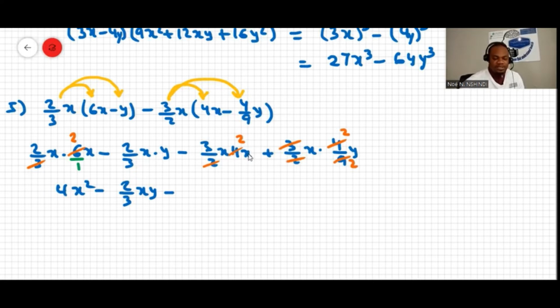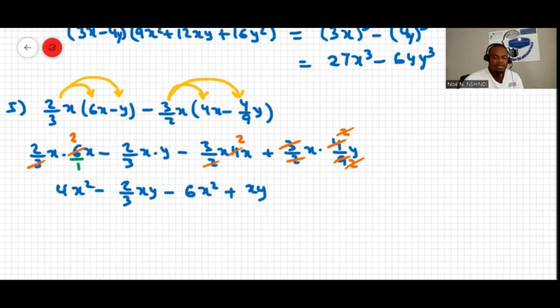That makes negative 6x squared. And then over here I'm left with x times y, so plus xy.